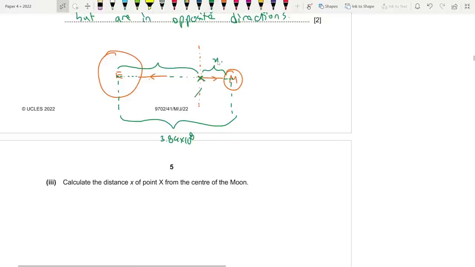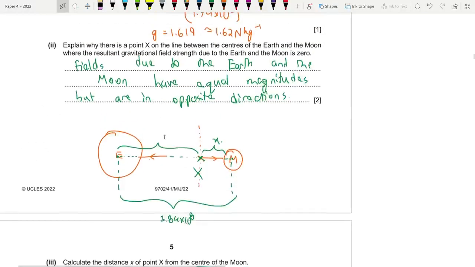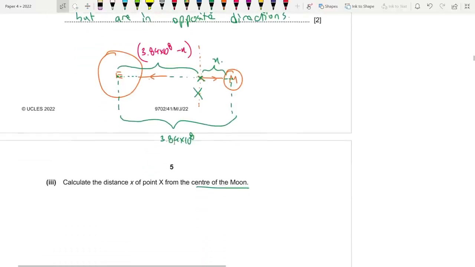Why am I considering this to be x? Because this point over here, we are considering it from the center of the moon. So what about this distance? This should be 3.84 times 10 to the power 8 minus x, right? The distance on the left hand side. This is the essential point. Okay, so we know that g is equal to GM by r squared, right?